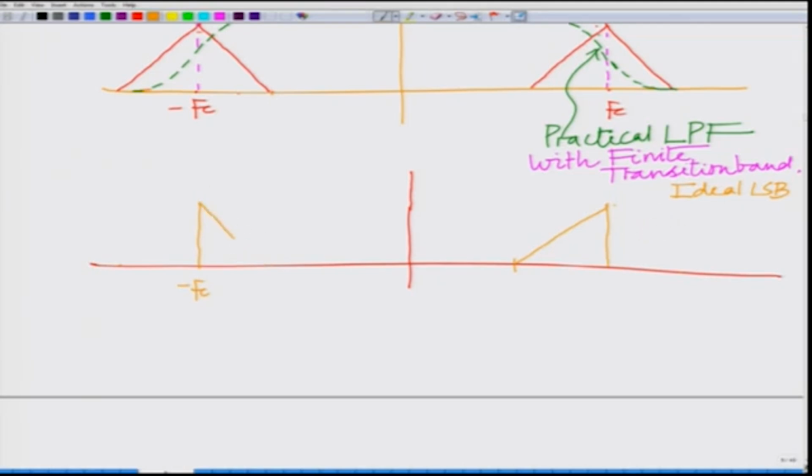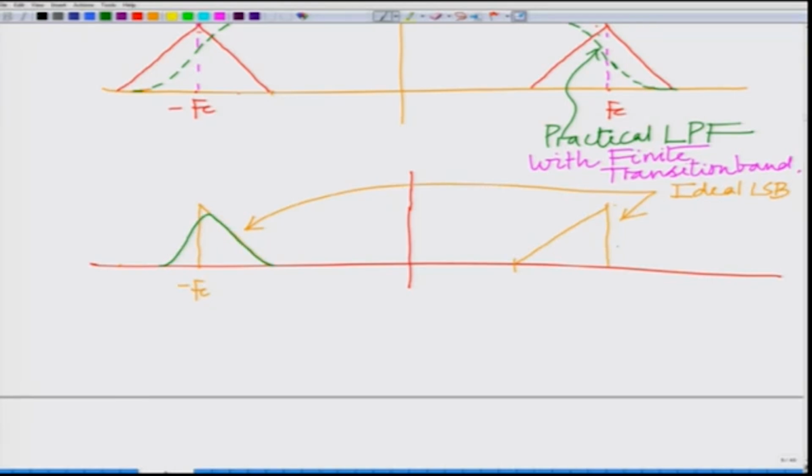Ordinarily it would have looked like this. Now, because of the non-ideal nature of the LPF, it looks something like this.